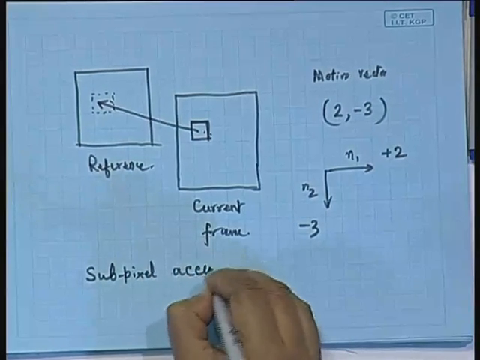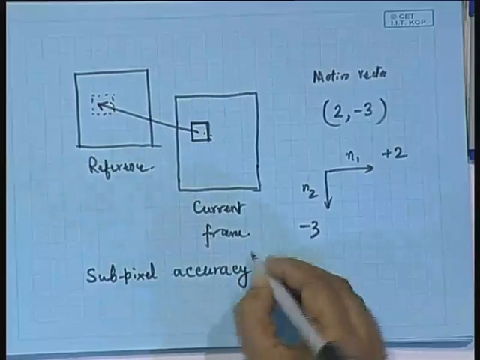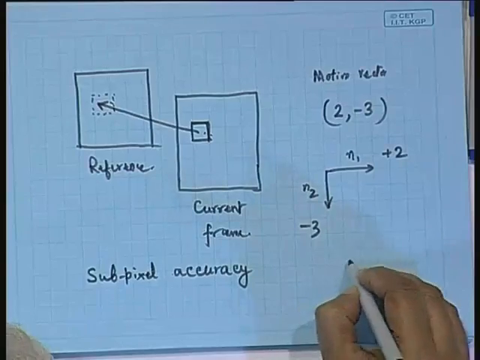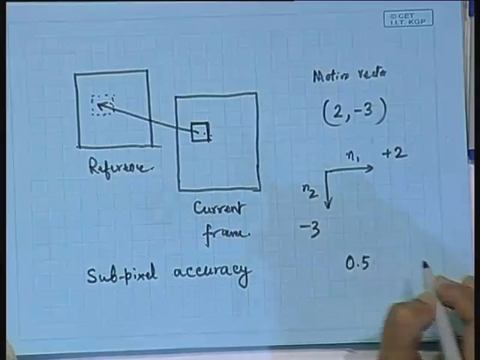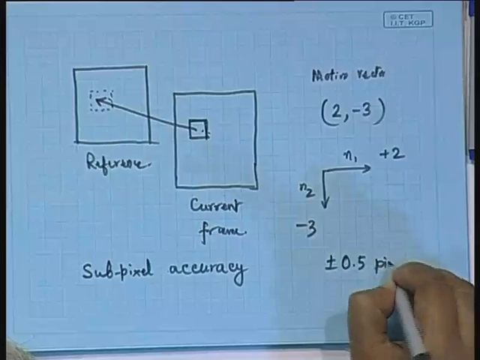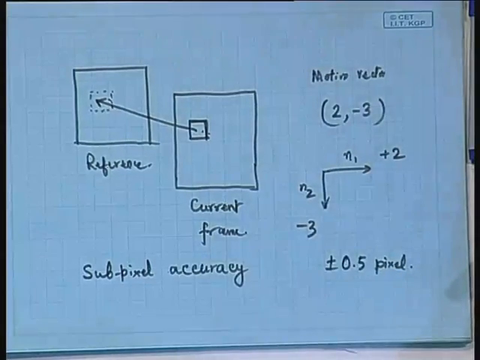Now, it looks very odd, and you may be immediately confused how I am going to estimate my motion with subpixel accuracy. How am I going to measure my motion vector with plus minus 0.5 pixel accuracy, that is to say half pixel accuracy?